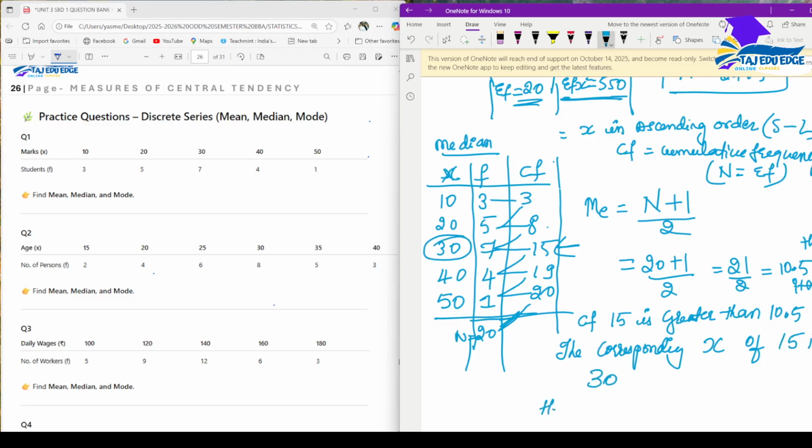Hence, or therefore, median is equal to 30. So this is what you need to write properly in the examination, so that you get 15 out of 15. Now you have mean value and median value.